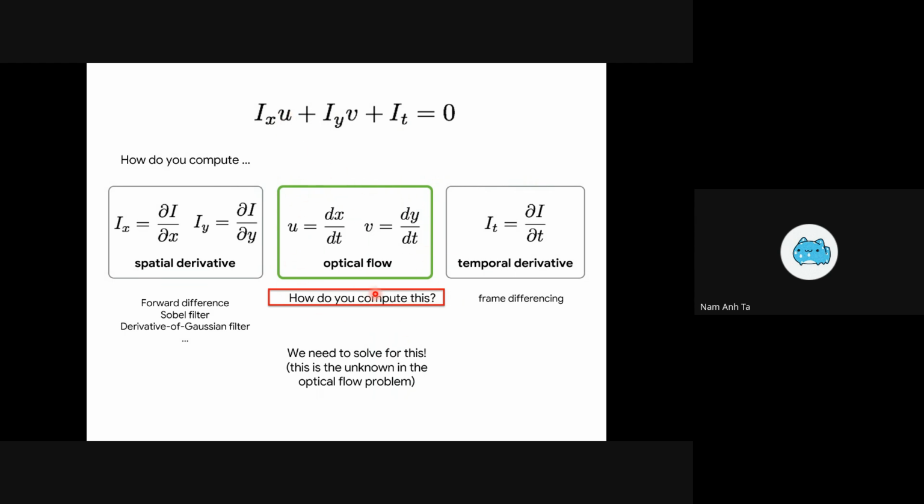We don't know these. They represent the velocity at which the pixel moves in the x and the y direction over time. In our model, we need to estimate u and v. So to summarize, we will calculate the Ix, the Iy, and then we will solve for the u and the v to estimate the motion of every pixel.